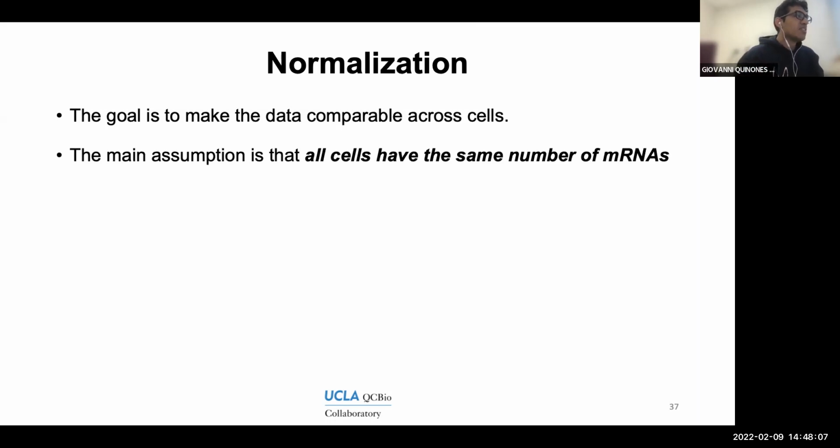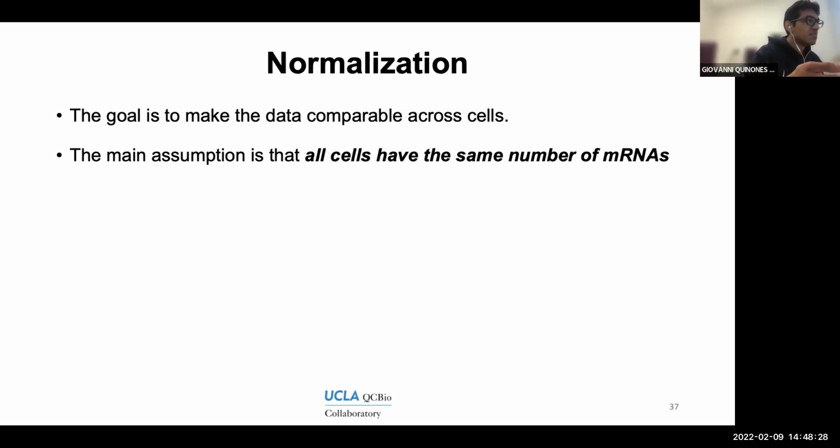The main assumption that we're going to make for our normalization is that all cells have the same amount of mRNAs, of RNA molecules. Now, if you remember our plots, you know that that's not true. Some cells have more RNA, some cells have less.